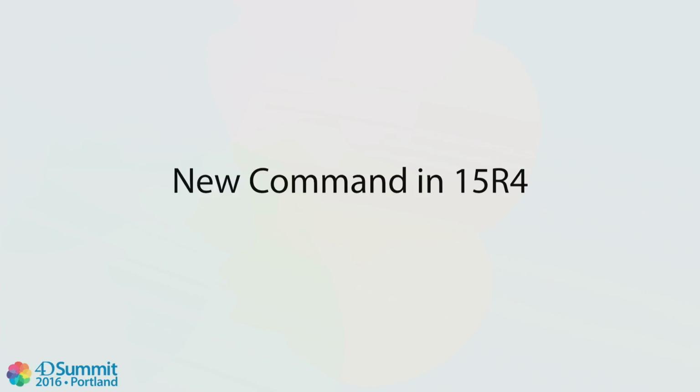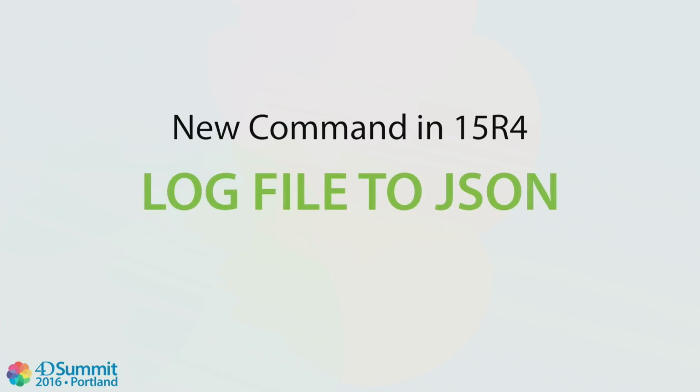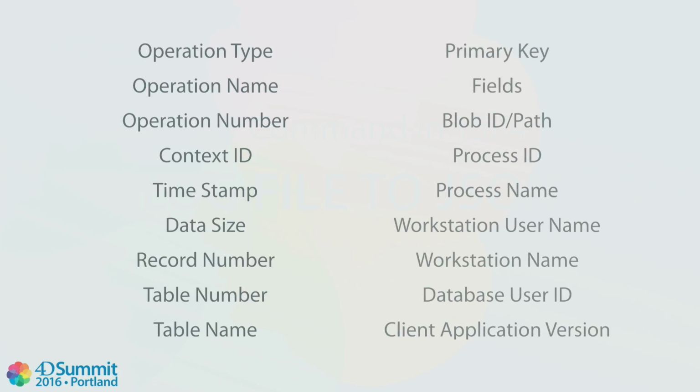Now, with the new command in 4D v15 R4, the log file to JSON, the way I view this feature is that you can expand the possibility of how you use the log file. Not just backup and recovery anymore. Some of the information you can see, operation type, name, and all this stuff, is really great. It also shows you a key pair of the field and the data as well.